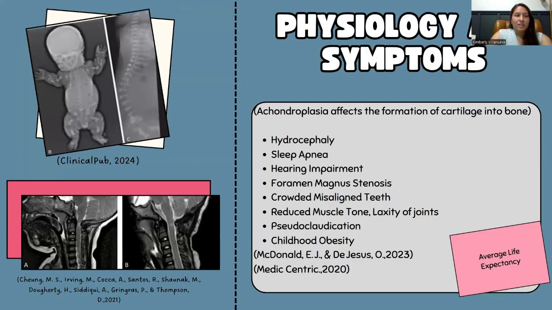In terms of physiology and symptoms, on average, the height of a male is 4 feet 4 inches, while on average, the height of a female is 4 feet 1 inch.